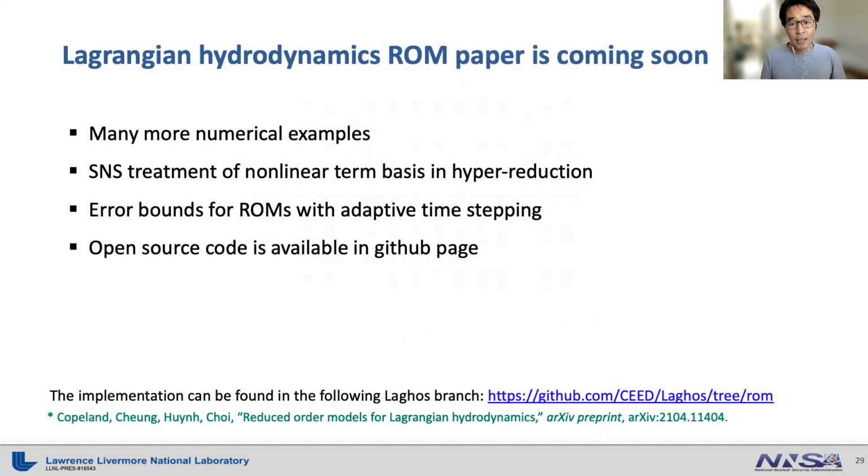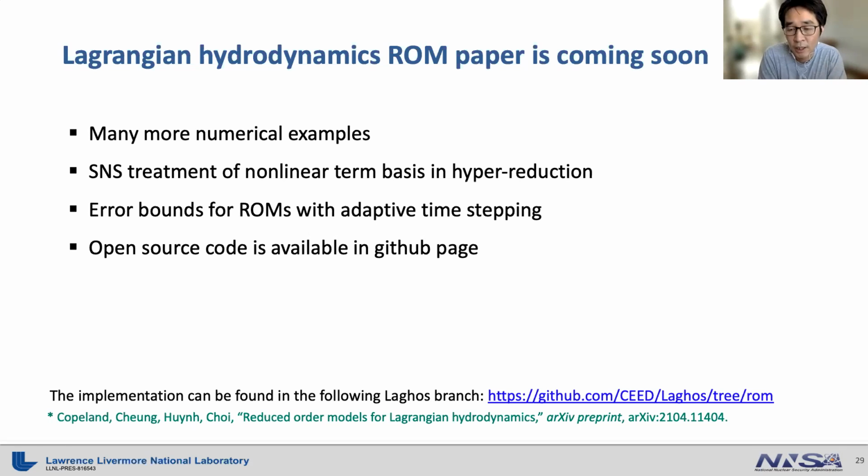The technical paper of the reduced model for this Lagrangian hydrodynamics can be found in an arXiv preprint, where you will find many more interesting numerical examples than I have presented here. There we also introduced the hyperreduction technique called SNS, and you will also find the error bounds for the reduced model we have developed here with adaptive time stepping.